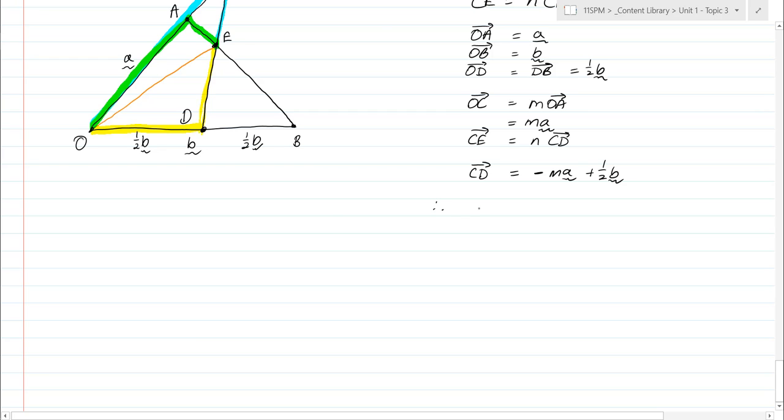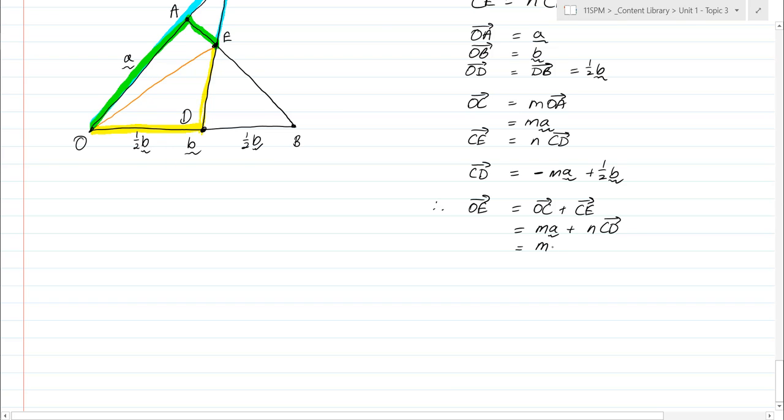So I'm going to say, therefore, OE is equal to OC plus CE, which is equal to MA, that's OC, plus CE, which is NCD.